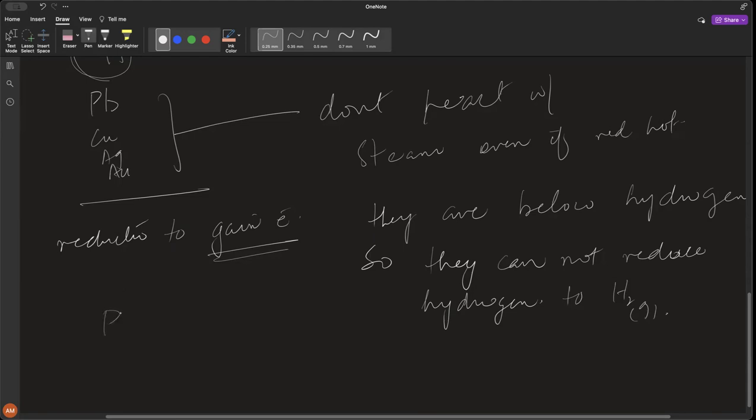If copper, silver, and gold are less reactive, it means iron is going to give electron first rather than lead, copper, and silver, right? Hydrogen can lose electron much faster than lead, copper, and silver.